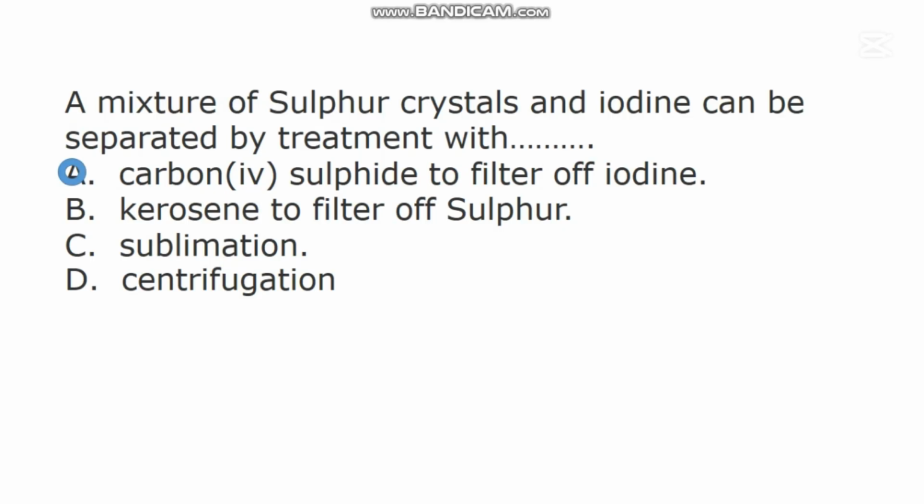So when carbon 4 sulfide is mixed with this mixture, it will help to filter off iodine, so that at the end of the day a pure substance will be obtained. The essence of separation techniques in chemistry is to obtain a pure component from a mixture.